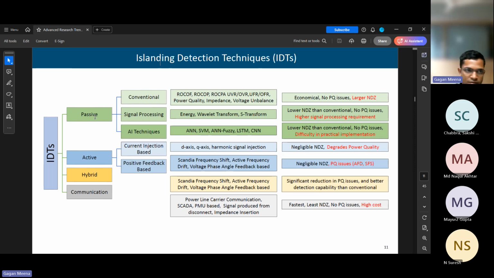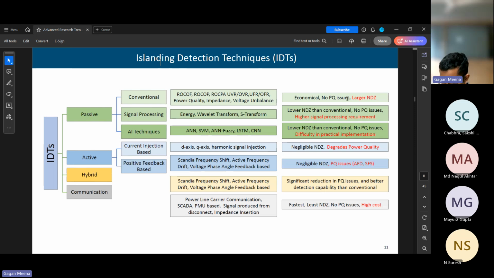Okay, so I was talking about these passive islanding detection techniques. The basic principle is that we compare these different electrical parameters, which are derived from the electrical quantities measured at the point of common coupling or the DR terminal, with a threshold.